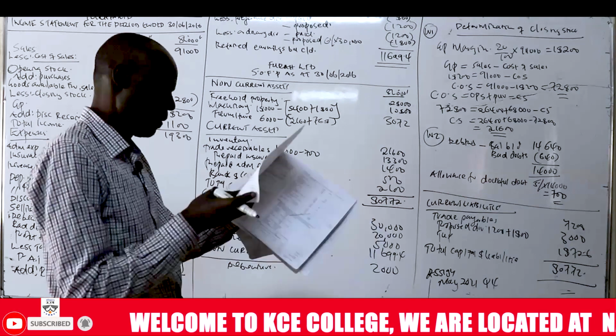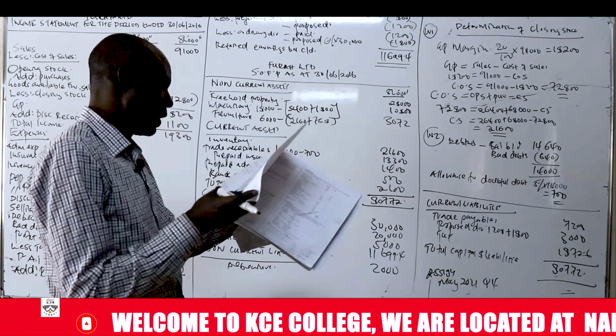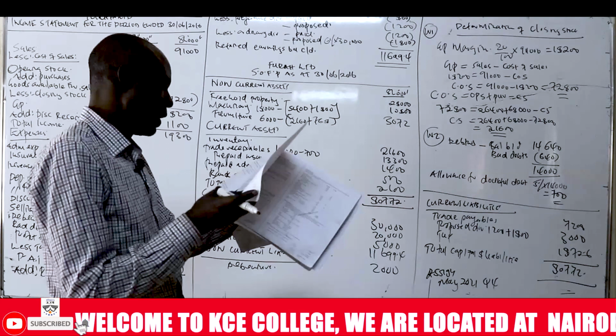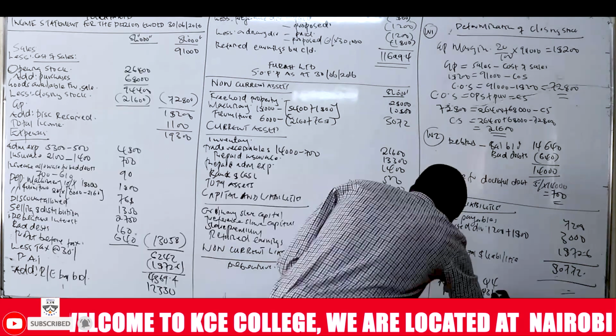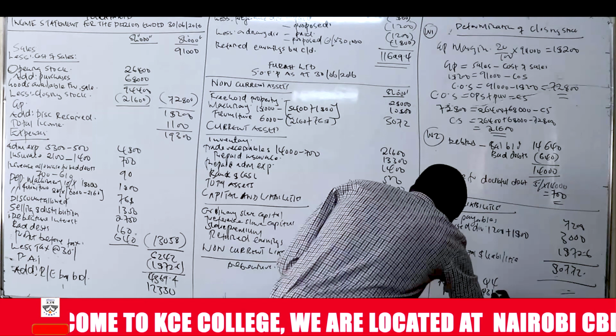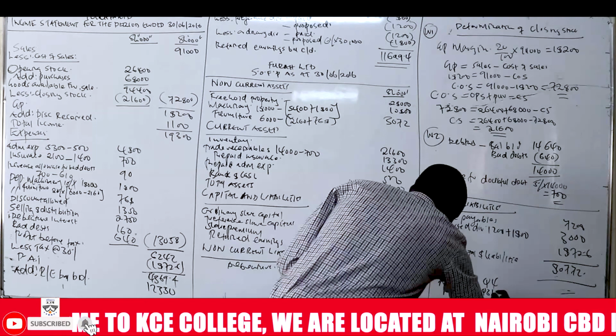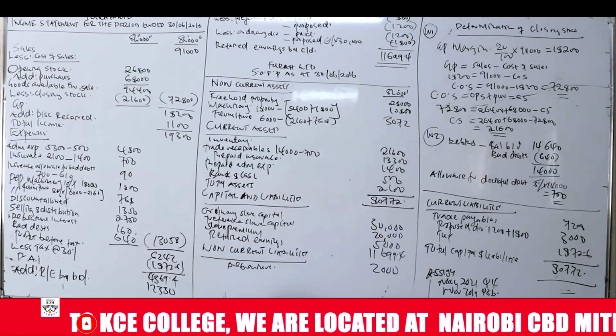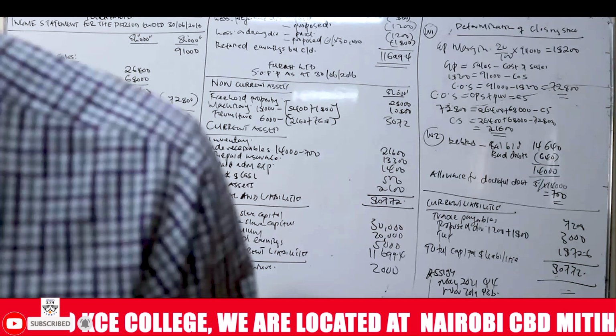And then November 2019 question number 3B. So that one will bring us to the end of that topic. Next time we'll be looking at manufacturing accounts in the next class.